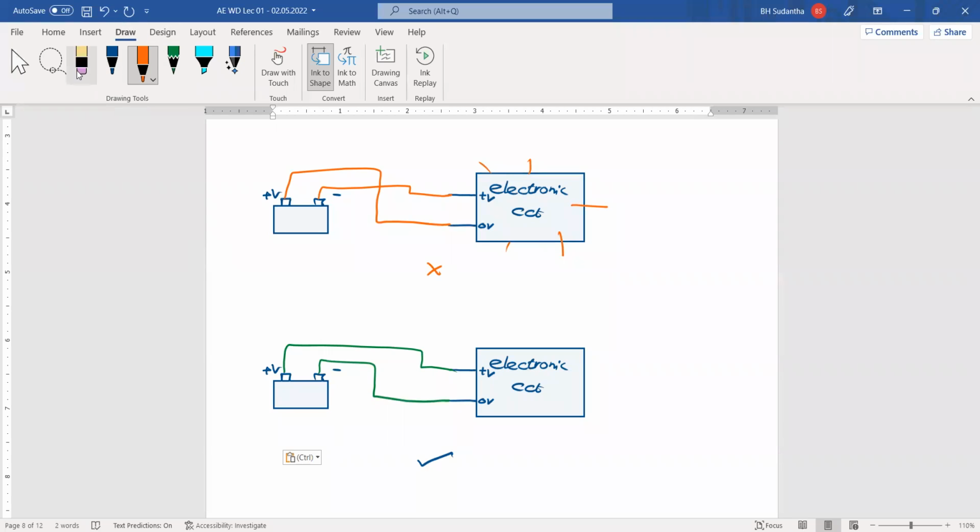What you can simply do is, before you apply this one, you can fix a diode here as a permanent element to the electronic circuit. Then you have this additional circuitry here.